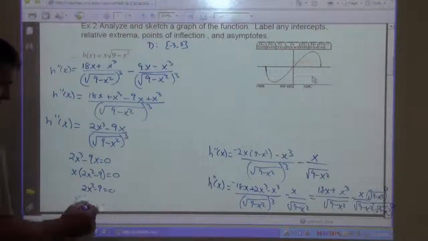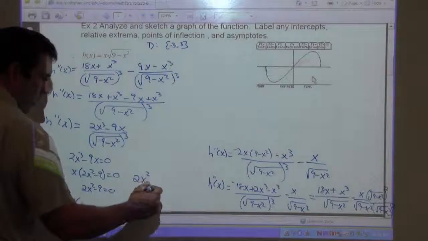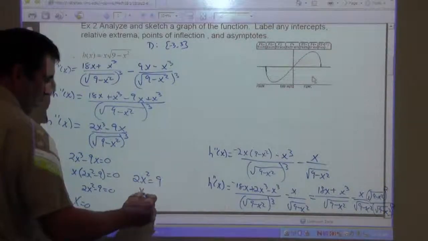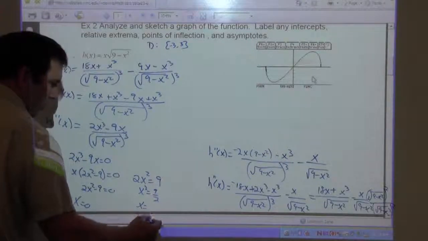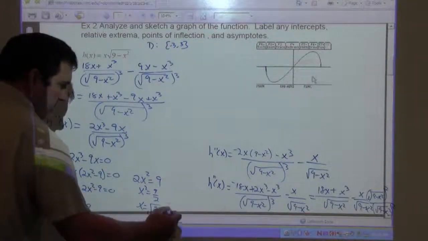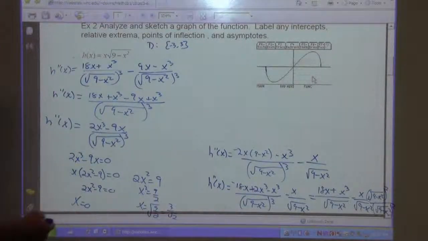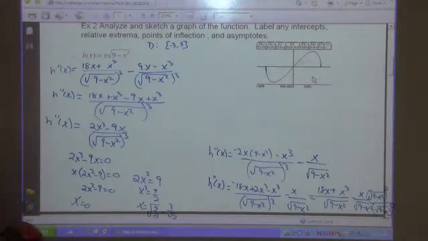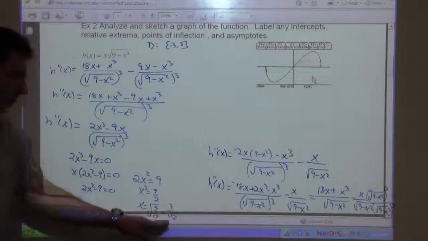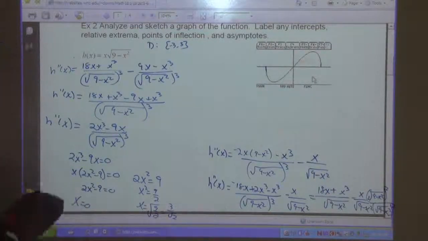So x equals 0, or 2x squared minus 9 equals 0. So 2x squared equals 9, x squared equals 9 halves, x equals the square root of 9 halves, which is 3 over the square root of 2. That looks familiar, huh? And x equals 0. Those are potential inflection points. But given that this was 0 for the first derivative, it's not going to be an inflection point.